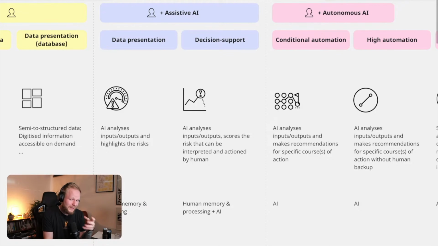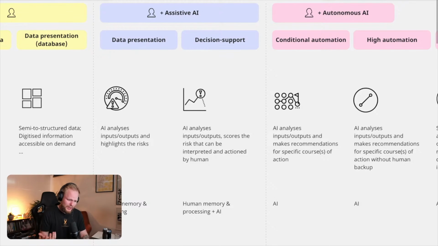We don't want to completely replace just yet, unless we can do it right, and we won't be able to do it right unless we do decision support first. So this scales bit by bit. In decision support, AI analyzes inputs, outputs, scores the risks, and then allows that to be interpreted and acted on by the human counterpart.